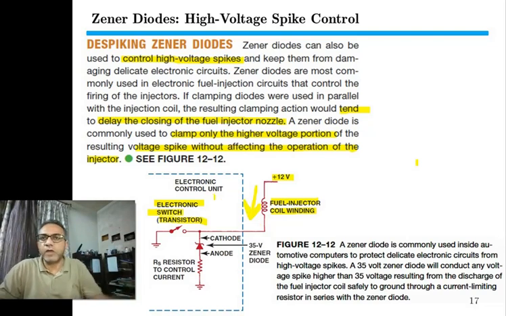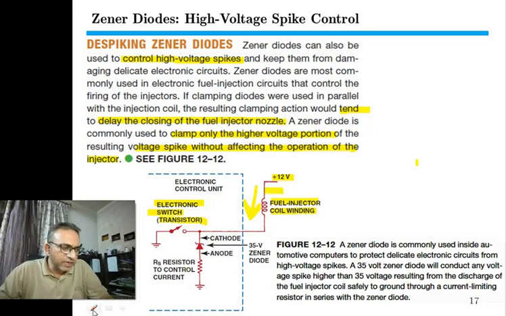The same phenomenon will happen in this case, but this time, instead of using a clamping diode... If we were to use a clamping diode, then let me show you the position of the clamping diode. As written over here, it is used in parallel with the injection coil.